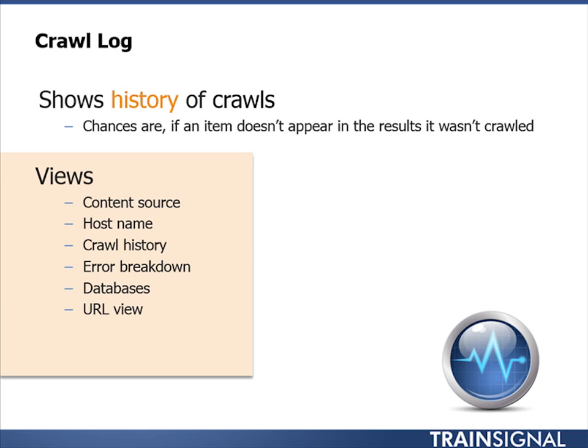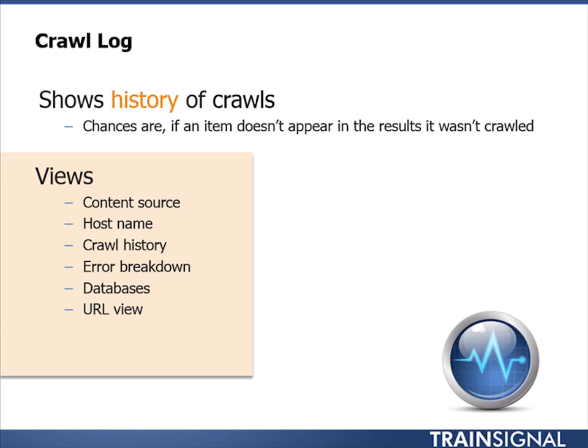Basically, this is your number one troubleshooting tool for whenever a user calls you up and says, hey, I can't find an item. Assuming that the item exists, assuming that they have permissions, then it's going to show up inside the results. If it doesn't, chances are it wasn't crawled. So the easiest way for me to track this down is by using the crawl log.